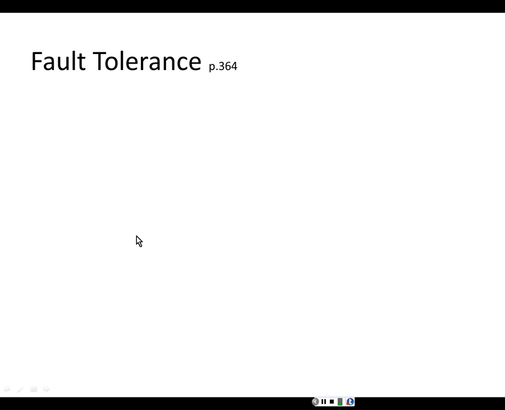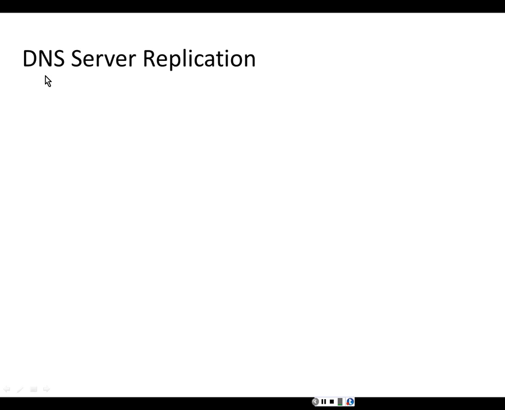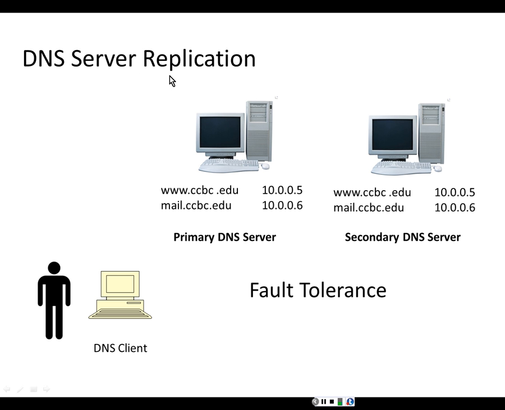Page 364 discusses fault tolerance, and fault tolerance is based upon redundancy. It means if one component fails, that's okay, we have another one. And here's an example of fault tolerance in DNS server replication. As you know, a DNS server could crash at any time.